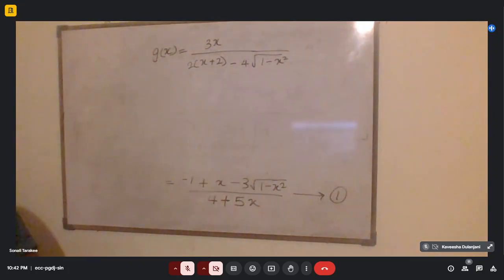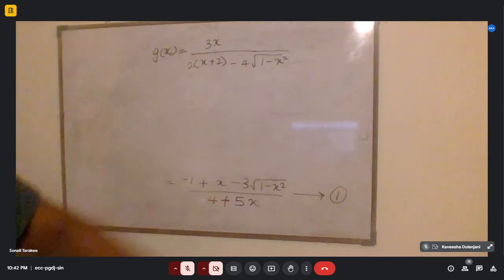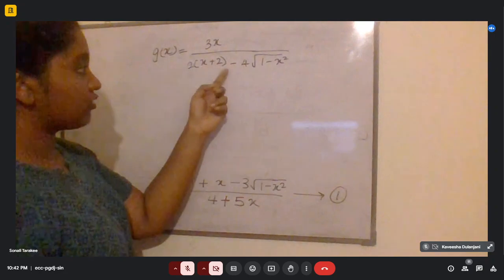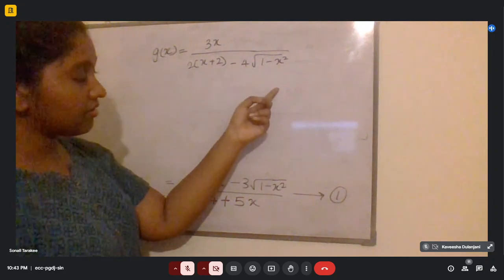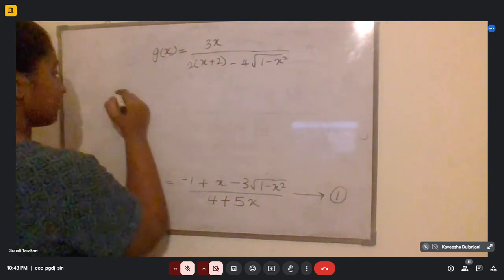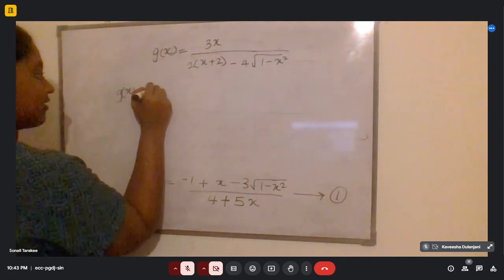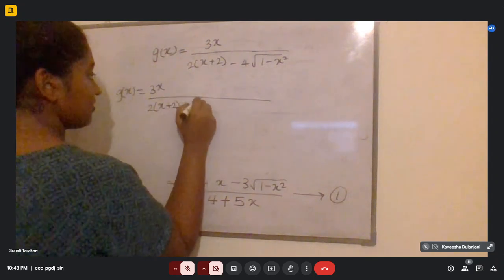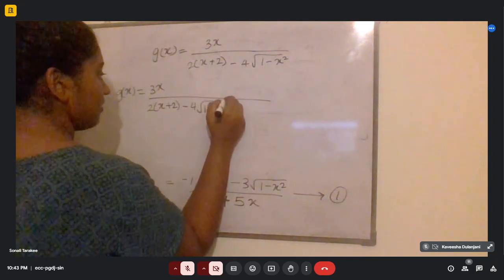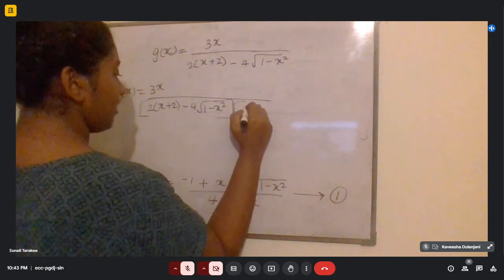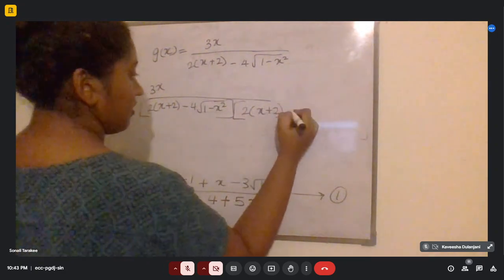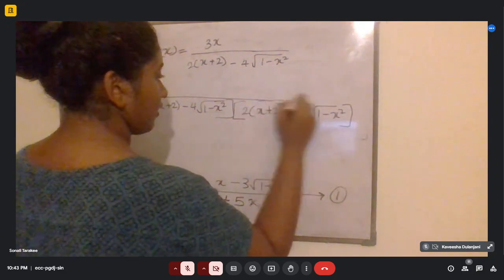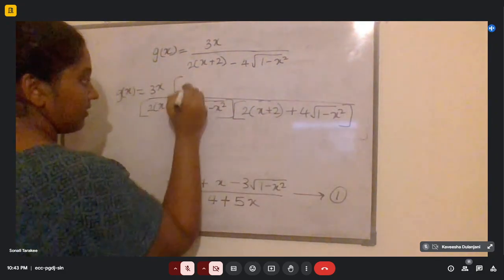Here also you have a square root in the denominator. To get rid of that, we can write something like this: 2x plus 2 minus 4 square root of (1 minus x squared) multiplied by 2x plus 2 plus 4 into square root of (1 minus x squared). Here also you are multiplying the same thing.